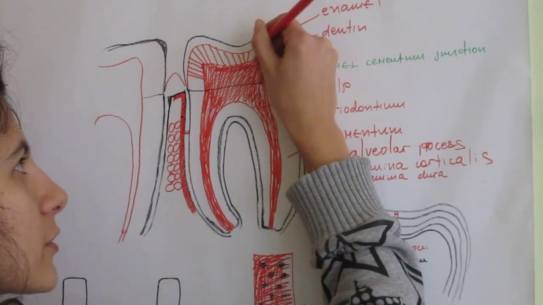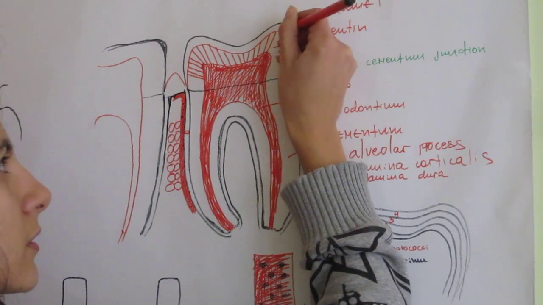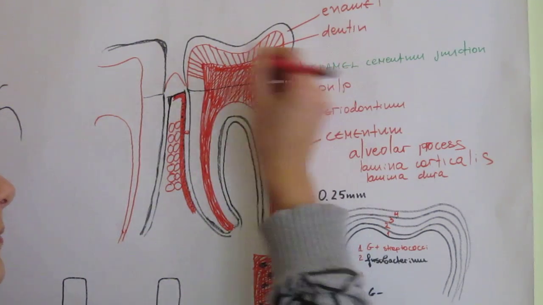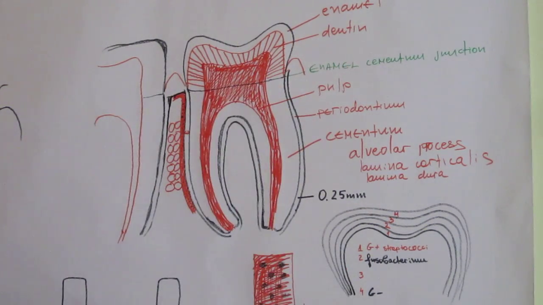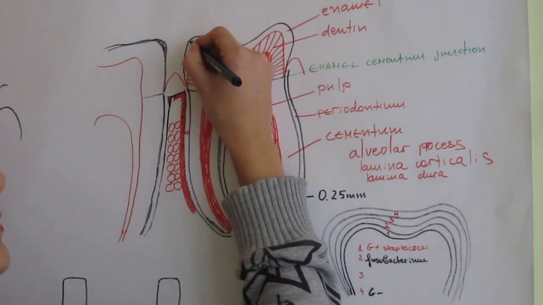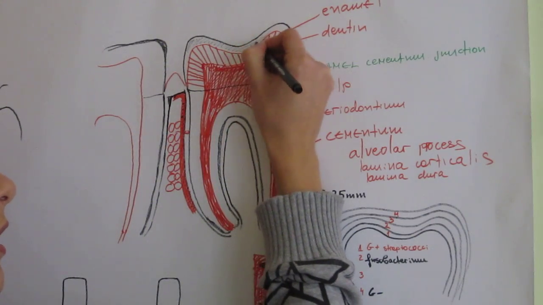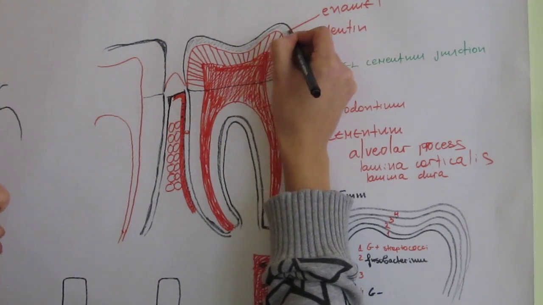Imagine tubules, and this is the enamel. It is the hardest structure of the tooth.